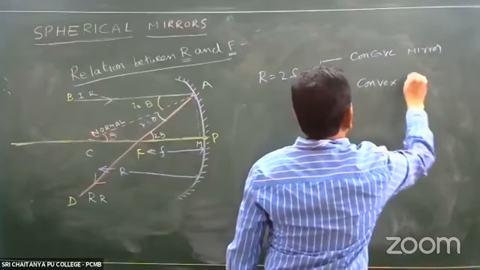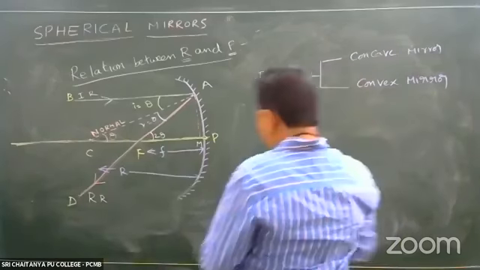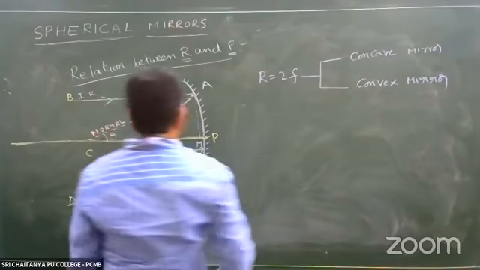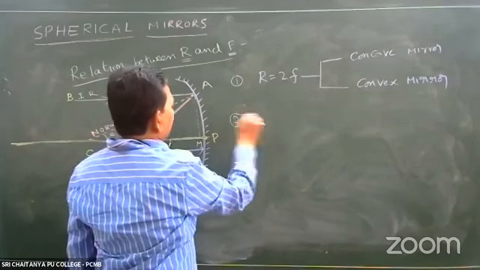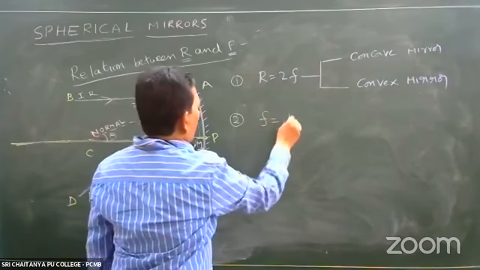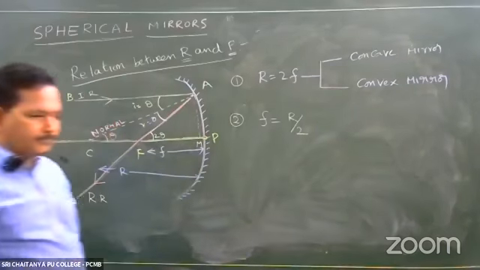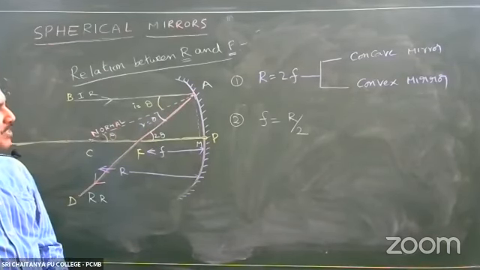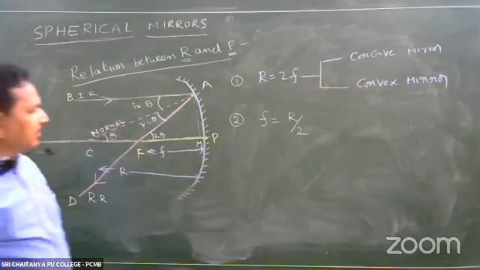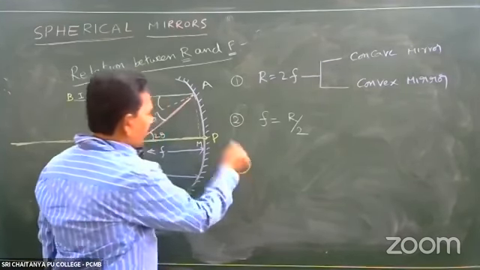Derived for concave, but applicable for convex also. First. Second, F is equal to R by 2. These are the results, the conclusions I am writing. Third, the most important part.